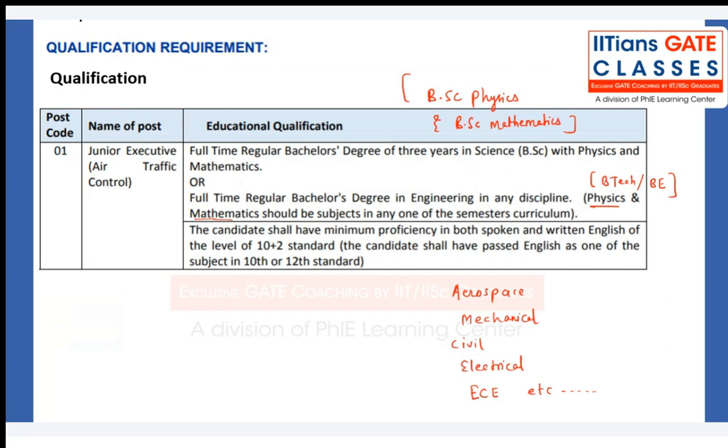Candidates shall have passed English as one of the subjects in 10th or 12th standard, and that is what most schools and colleges have, so this criterion is fulfilled, right, guys? So these are the eligibility criteria, the qualifications required for this particular ATC post in AAI, right?